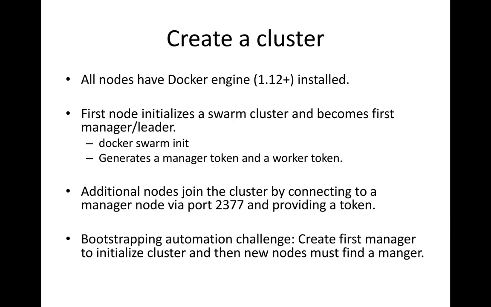So what you do then is you go to the other nodes that you want to join the cluster, and you can run a docker swarm join command and provide either a manager token or a worker token. And that will then connect the subsequent nodes to the existing cluster.